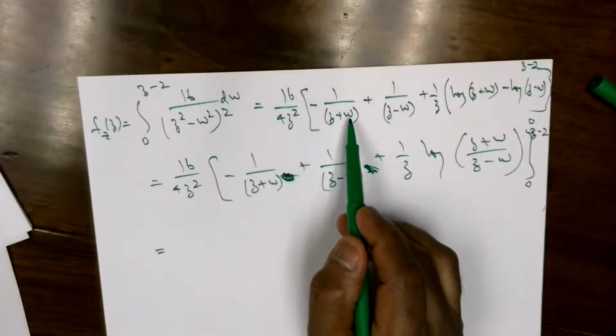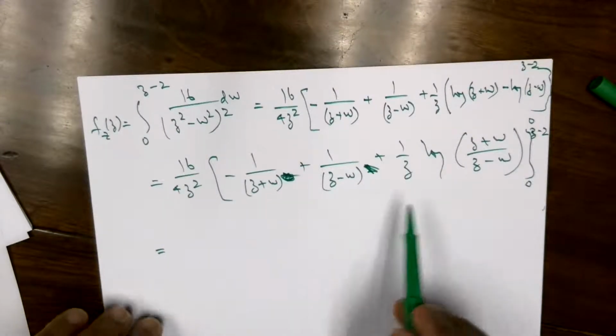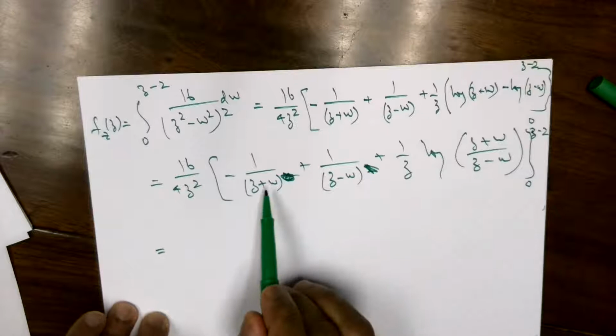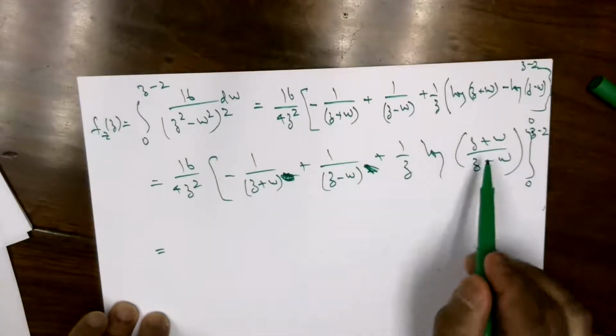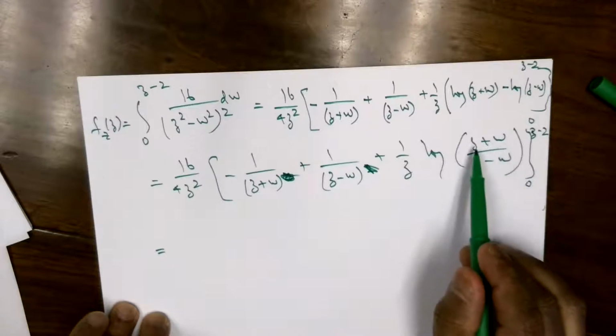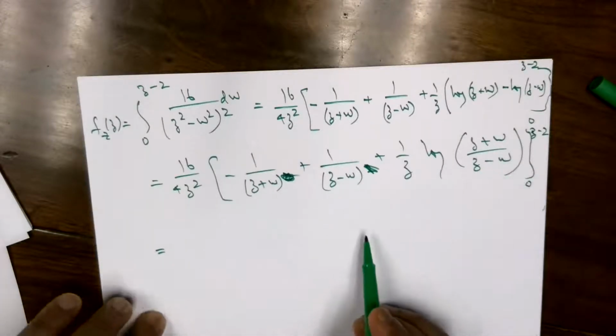After integration, you get just the linear terms, 1 over the linear term. So when I substitute the lower limit 0, this is minus 1 over c, this is plus 1 over c, so these two cancel. Here w equal to 0, you get log 1, which is 0. So there is no contribution due to this.